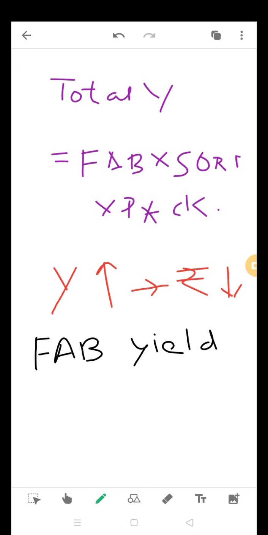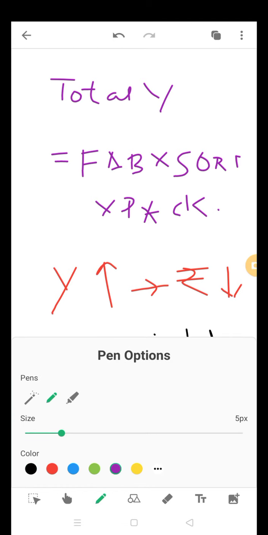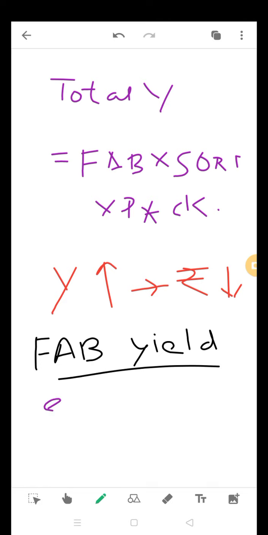Now here each step in the IC fabrication process is called a station, and each station has its own yield.